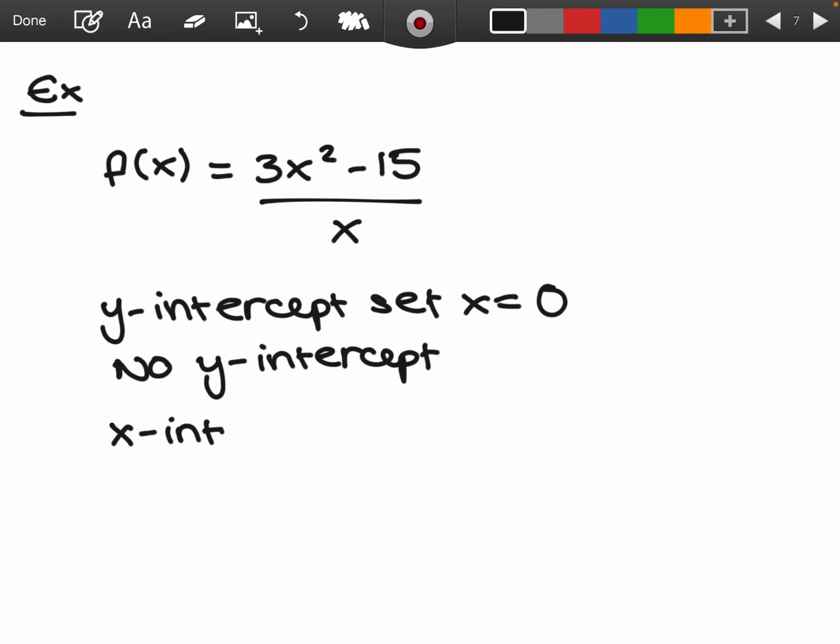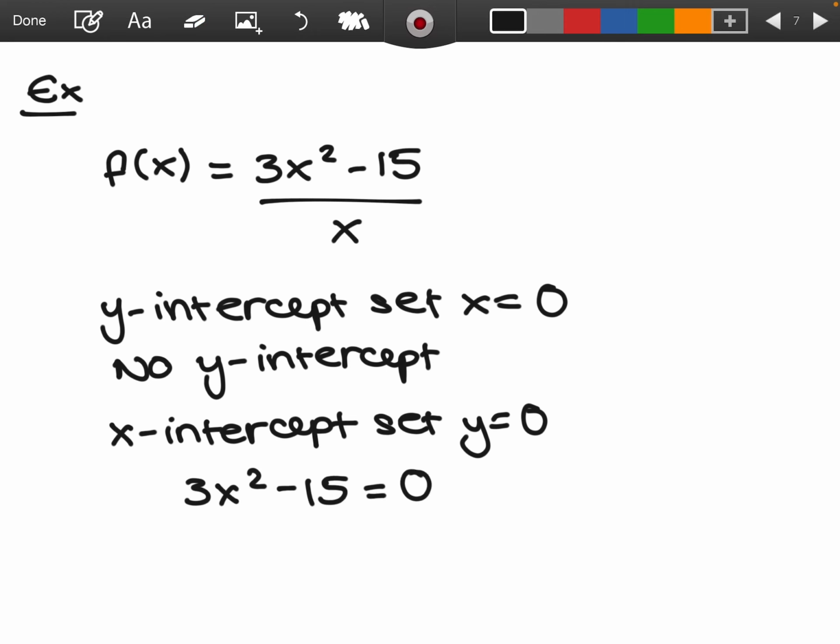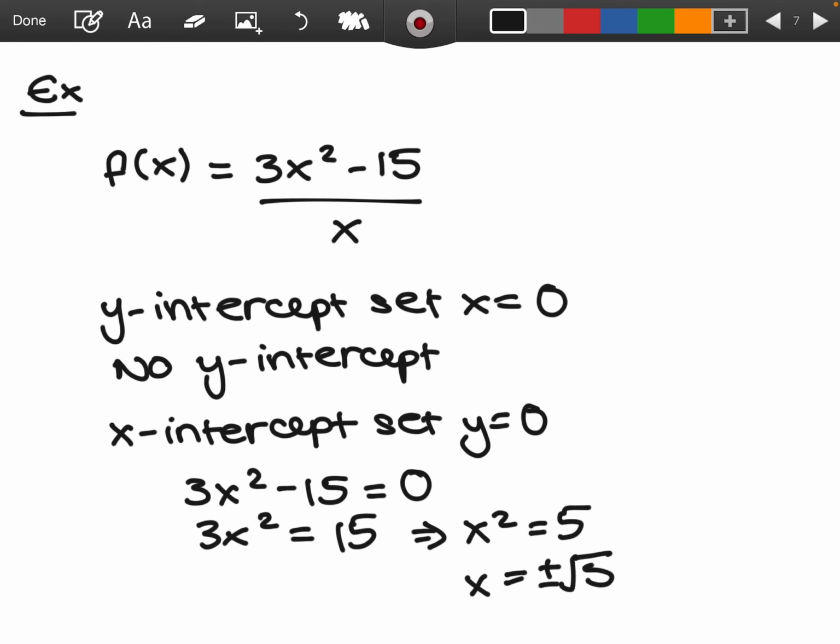For my x-intercept, I'm going to set y equal to 0, and that's the same thing as setting my numerator equal to 0, which will give me 3x squared is equal to 15, which means that x squared equals 5, which means that x is equal to plus or minus the square root of 5.